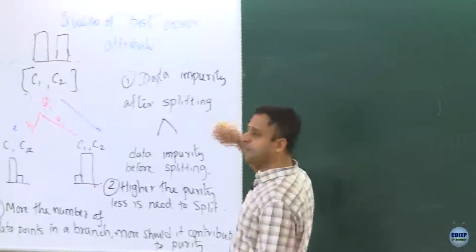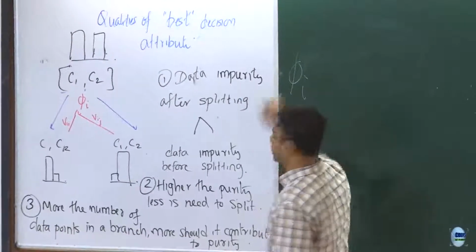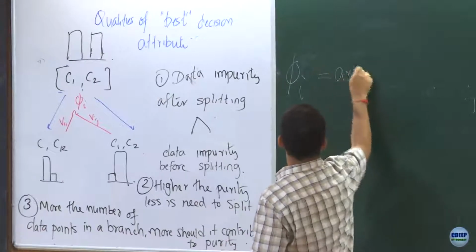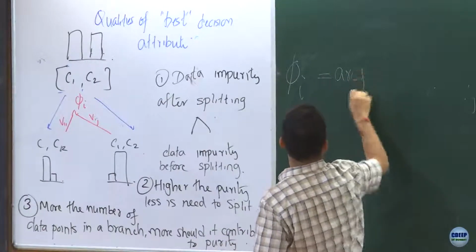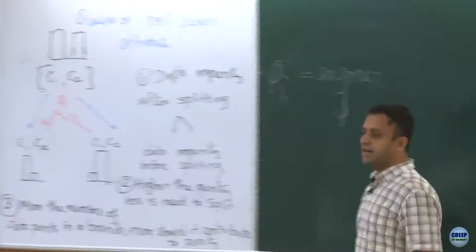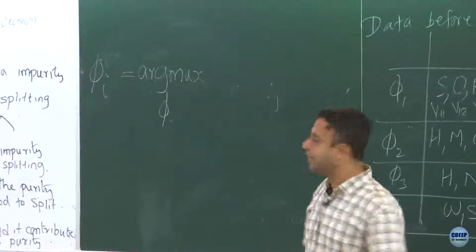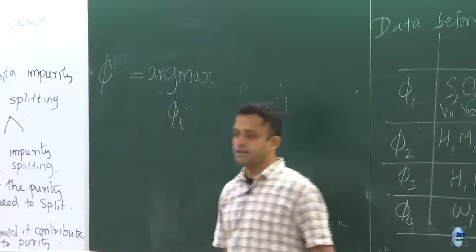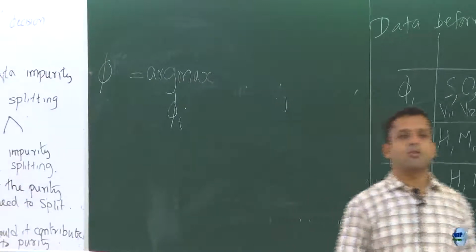So now I want to write my expression for which phi I to pick next. Can I say that I'll pick my phi I, which is the argmax over all the features, argmax over phi I of what?